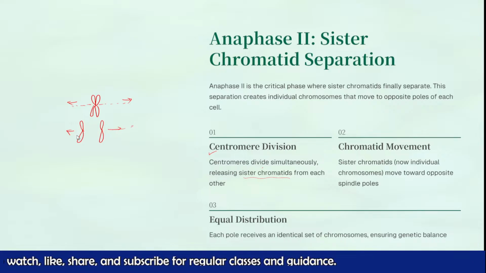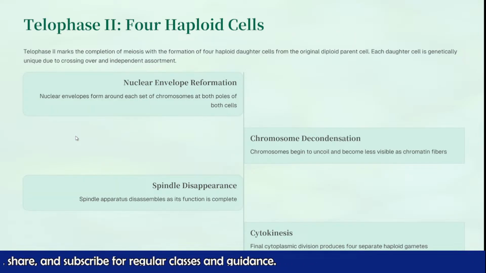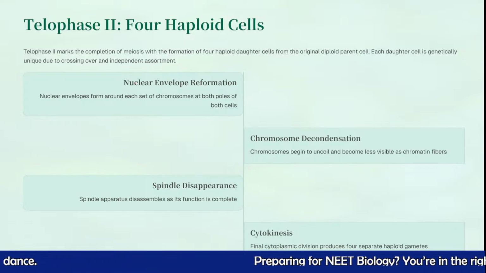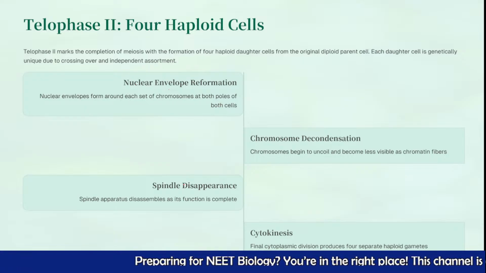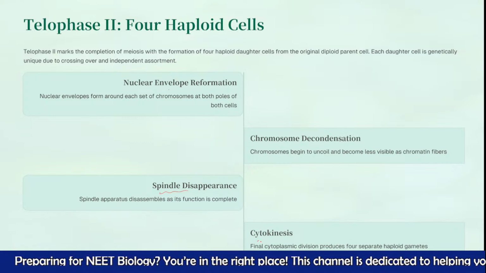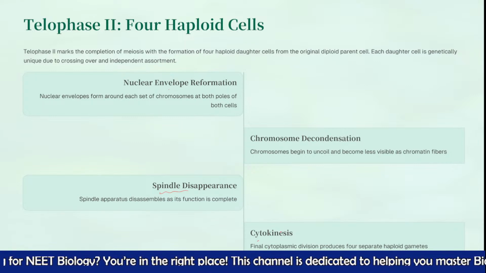Then the last phase is the telophase. In telophase, again decondensation of the chromosomes takes place, nuclear envelope reformation takes place, the spindle fibers disappear, and finally cytokinesis, the cell division, takes place.